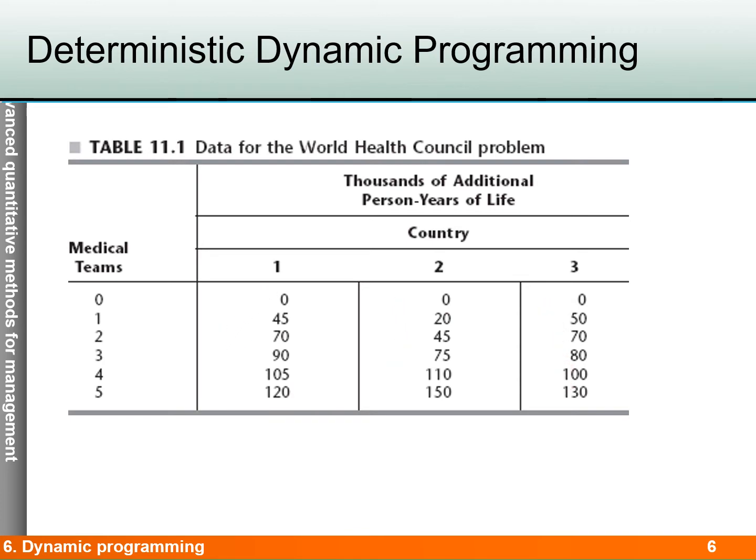But we can't have, for example, an allocation of more than 5. So we need to find a combination of these elements to have 5 and give us the best result among 3 countries. Okay, so let's move to the next part to explain what happens in this example.